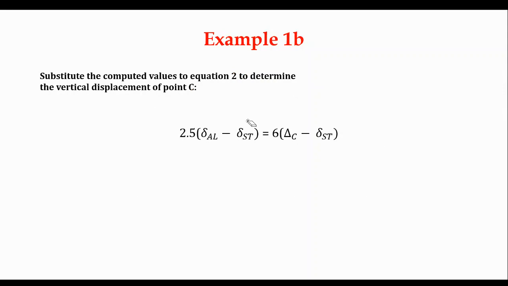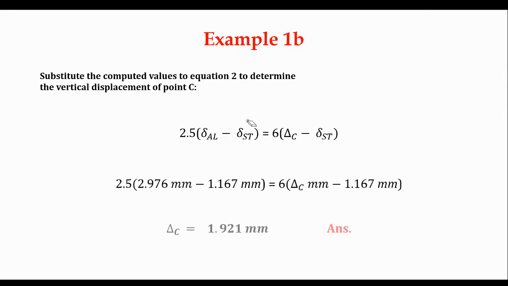So therefore, delta C is 1.921 millimeters. Okay? That's the beauty in it. You can't solve it easily unless you analyze the problem or get an equation relating the quantities.